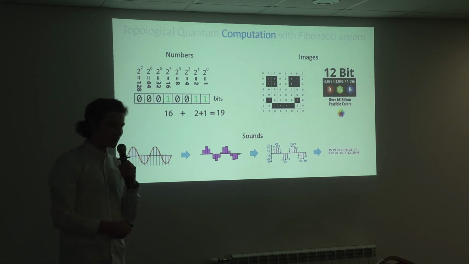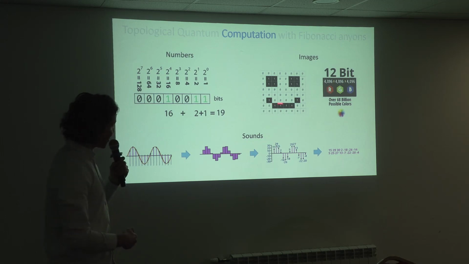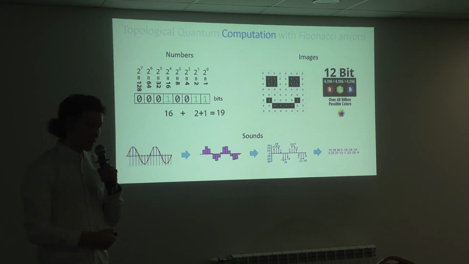Well, can be more, but the eye won't get there. So apart from images and videos, we can also do it with sound. So that's one wave, and it can be decomposed in numbers too. Actually, any sound.